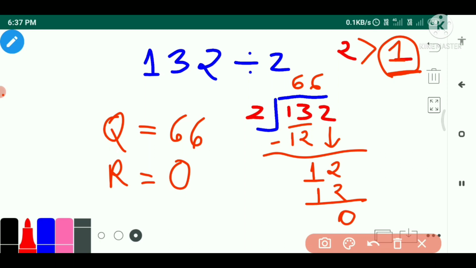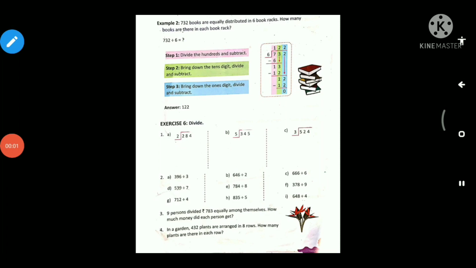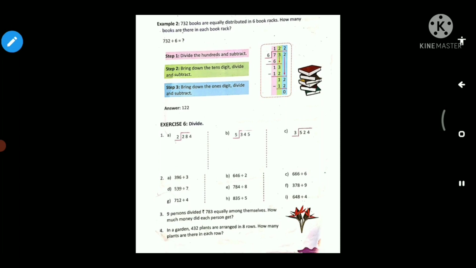I hope that you have understood dividing any 3-digit number with or without regrouping. Now we'll see some questions that are given in your book. Now, my dear students, see page number 145, exercise 6. So see the first one.